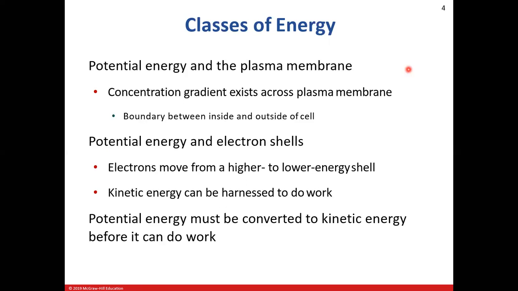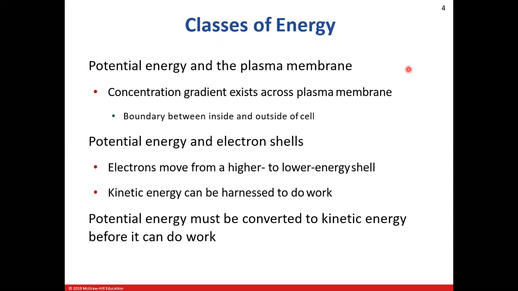So let's look at some potential energy in the plasma membrane. When we look at the plasma membrane, there typically is some sort of gradient that exists across it. It often is a concentration gradient with different ions, but it can also be electrical, where we have a different type of ion across, giving us a positive or a negative charge.